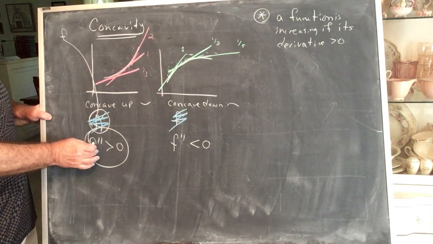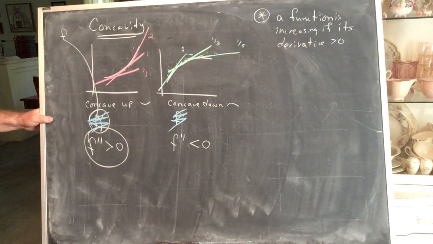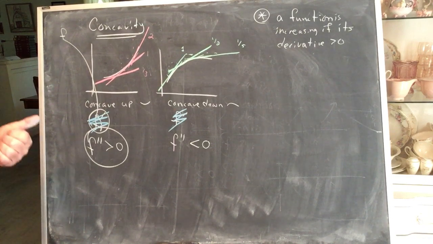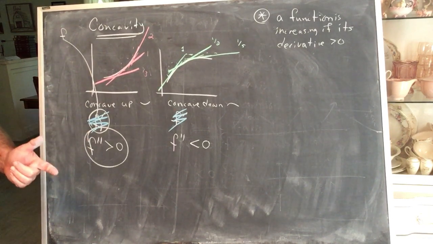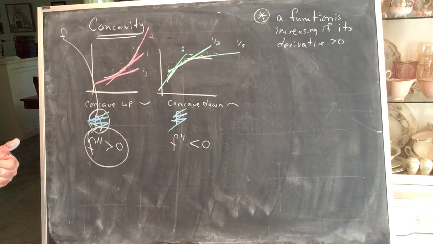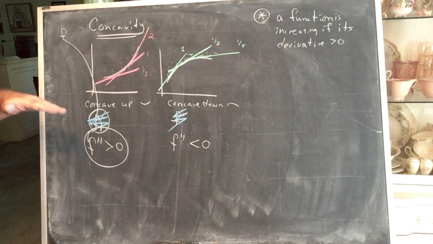Once you've found the second derivative, the first derivative has nothing to do with the analysis of concavity. The first derivative is used to analyze increasing and decreasing. The second derivative is used to analyze concave up, concave down, concavity. And then the function itself being greater than or less than 0 determines whether it's above or below the x-axis.